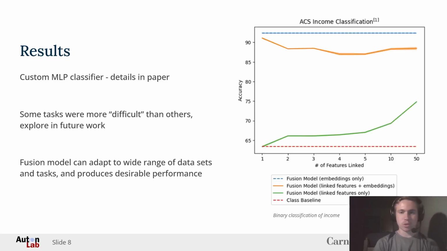So some of the results that we got from our experiments, we used a custom multi-layer perceptron classifier. Some of the details like batch size and learning rate are in the paper.